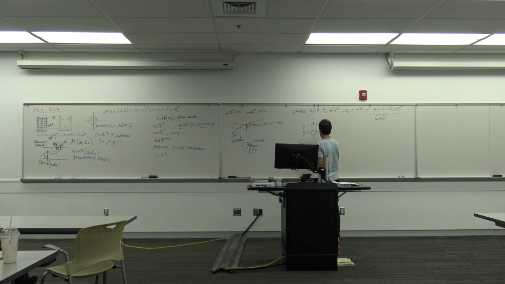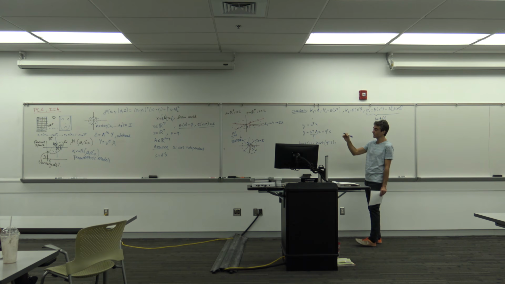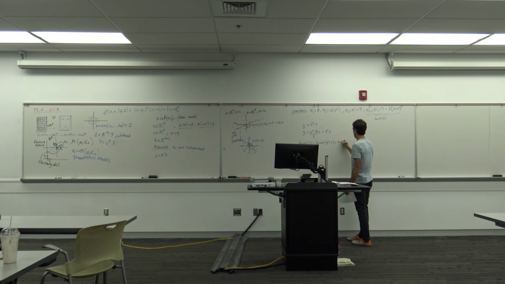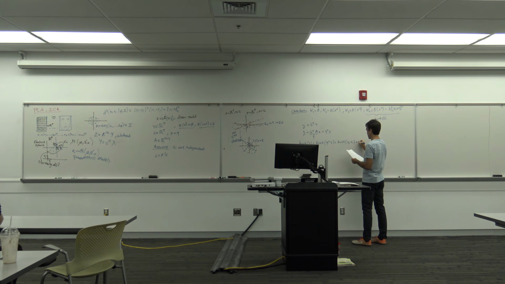So let's compute this. This is the kurtosis of Q transpose S. I'm assuming I'm in two-dimensional space, so I'm just going to derive this for 2D. So this is the kurtosis of Q1 S1, plus the kurtosis of Q2 S2, right?